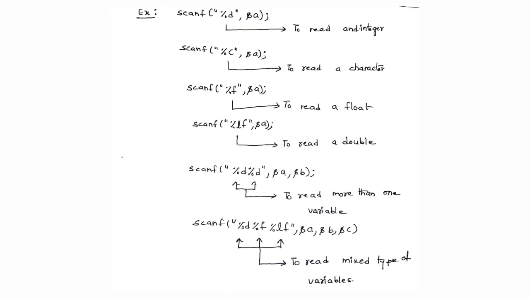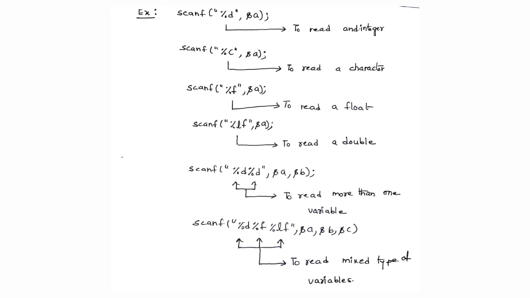And in the next example, here I have read more than one variable, that is a and b, and I have written %d and %d two times because I am reading two variables of integer type data. How many variables we are writing, that many format specifications we have to write here.